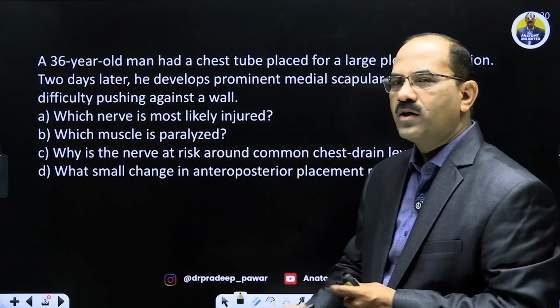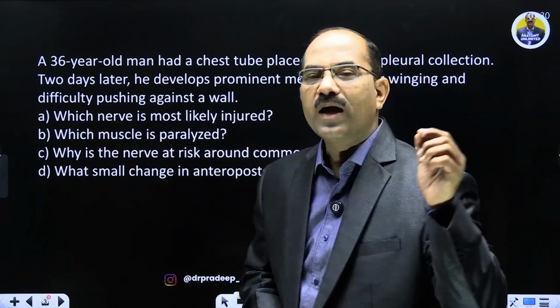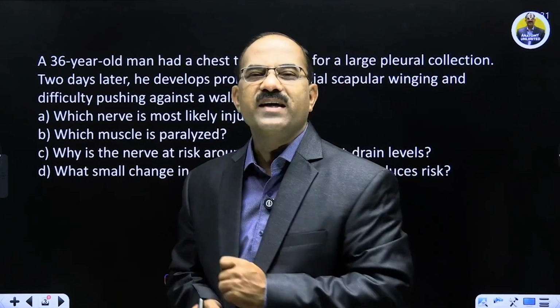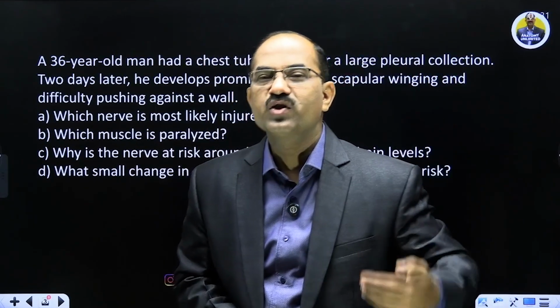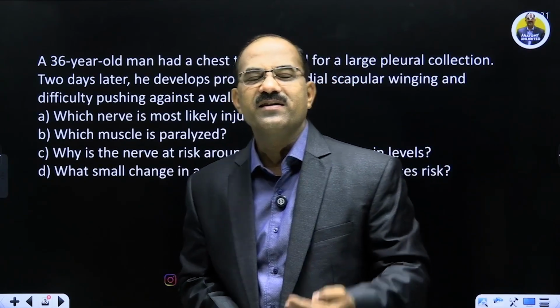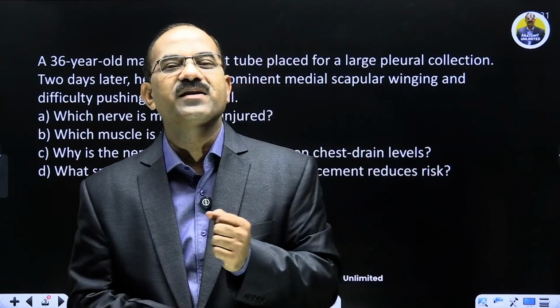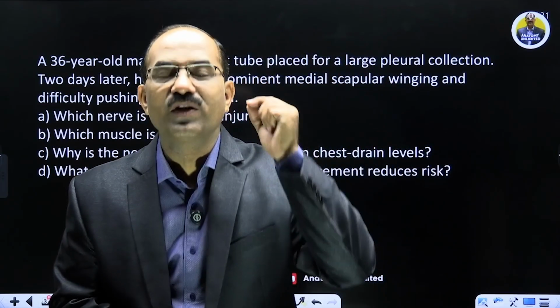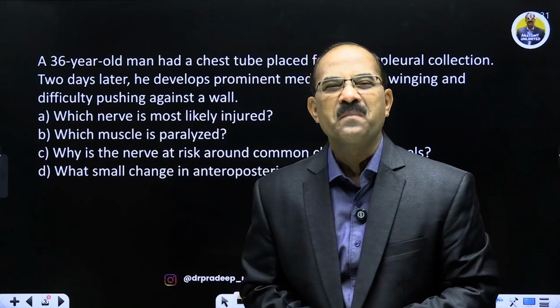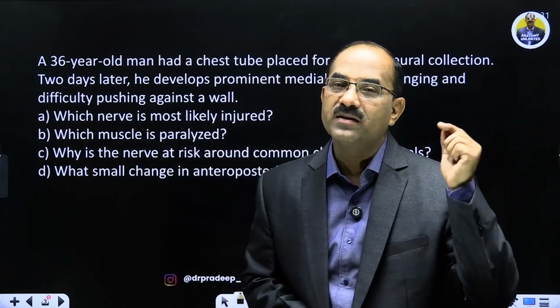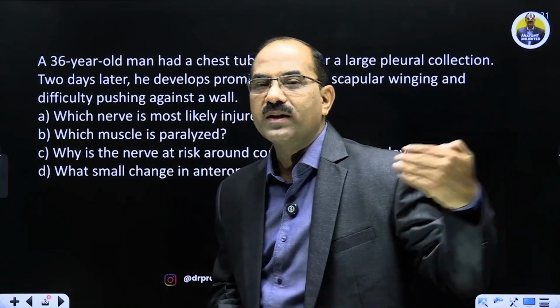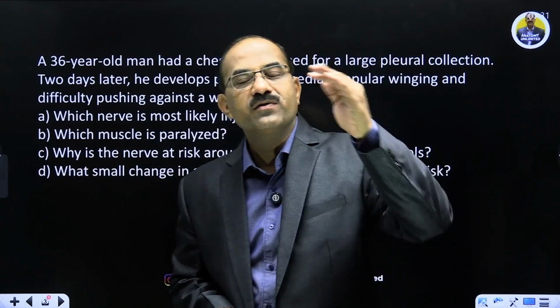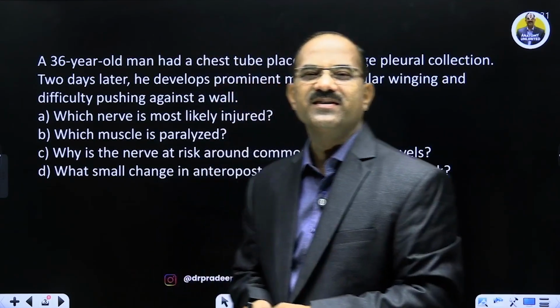As we are putting the drain, we are cutting through the serratus anterior muscle, and there's a nerve which runs on the serratus anterior, the nerve which supplies it, which begins from C5, C6, C7 roots of the brachial plexus, and this nerve is generally damaged as we are passing through the lateral aspect because the nerve is running on the serratus anterior, right?